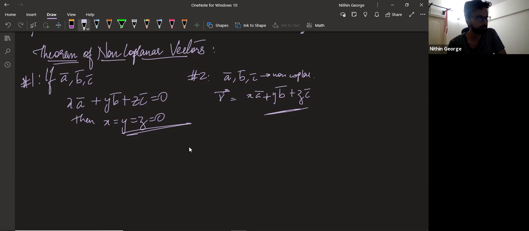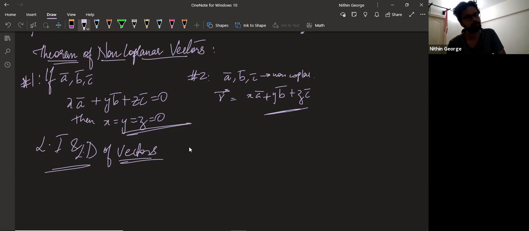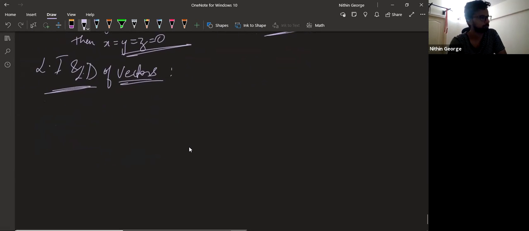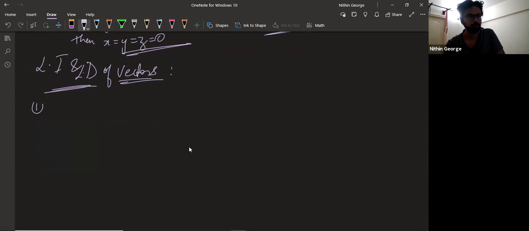Write the next set of notes. Linear independence and linear dependence of vectors. First part: linearly independent. I'm just making you write the theory, but it'll actually look obvious.